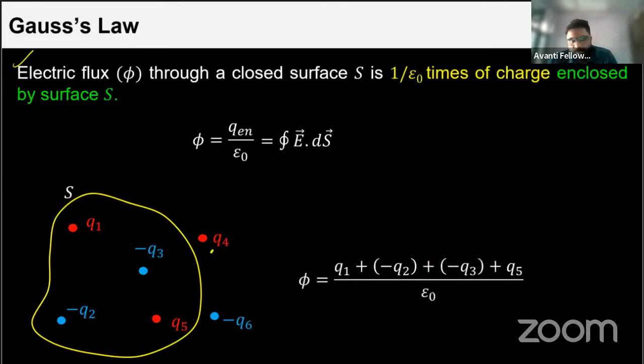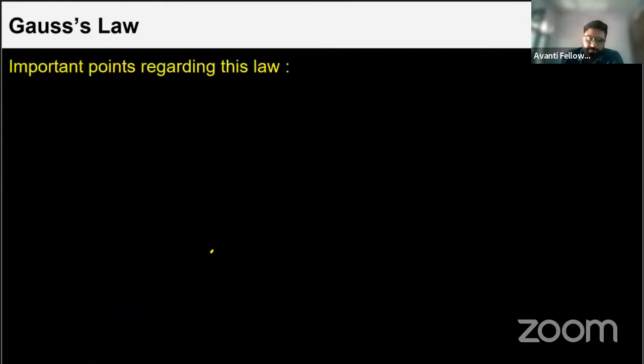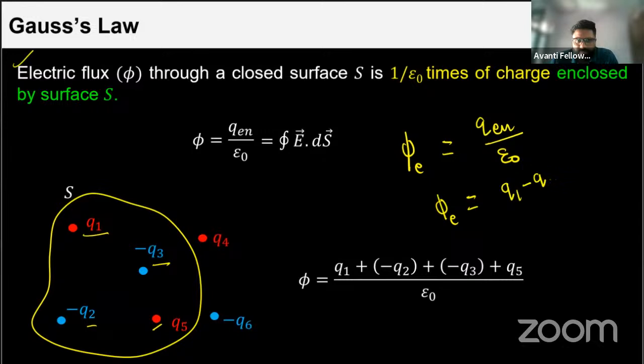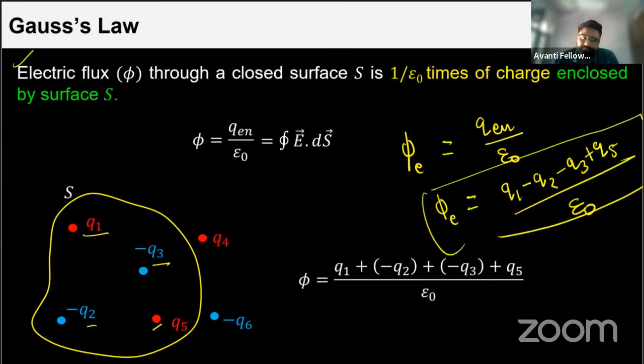So if I apply the Gauss law here, Gauss law states that phi electric is equal to the charge enclosed by the closed surface divided by epsilon. Now you can easily tell me that, sir, q1, minus q3, q5 and minus q2 are the charges enclosed by this surface. So this phi electric would be q1 minus q2 minus q3 plus q5 divided by epsilon over this surface, and this is pretty much understood.